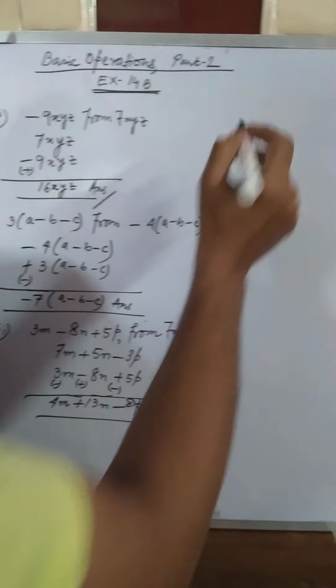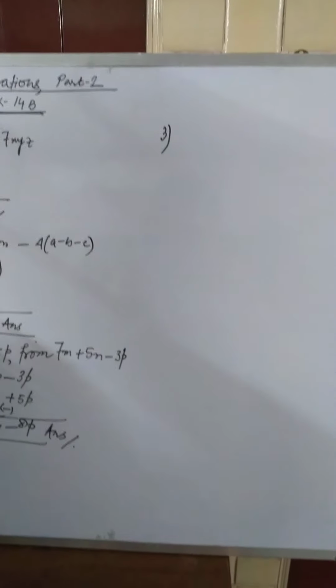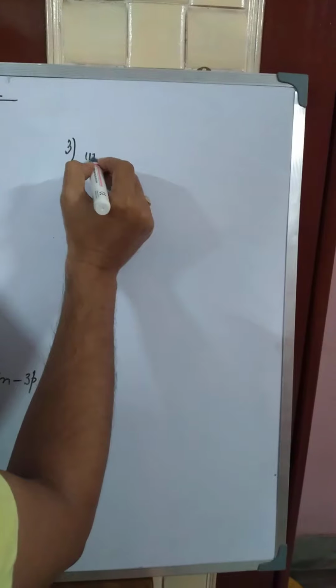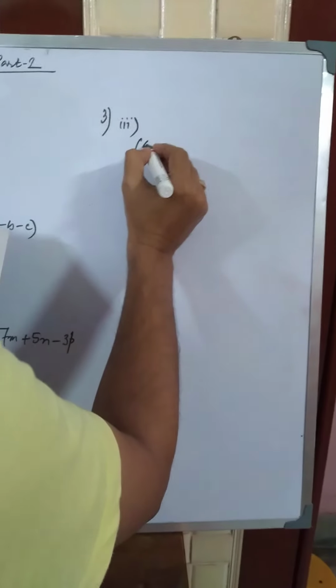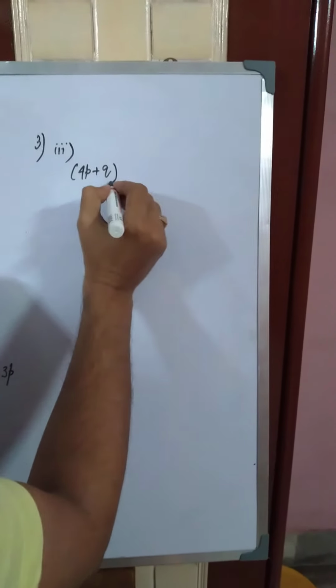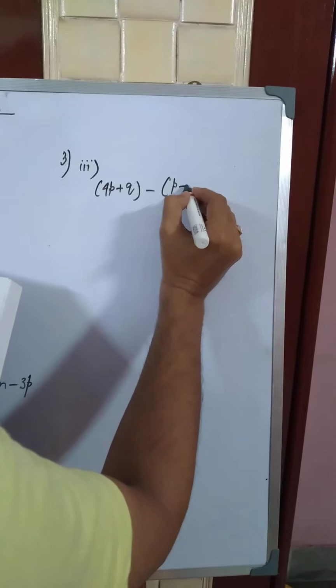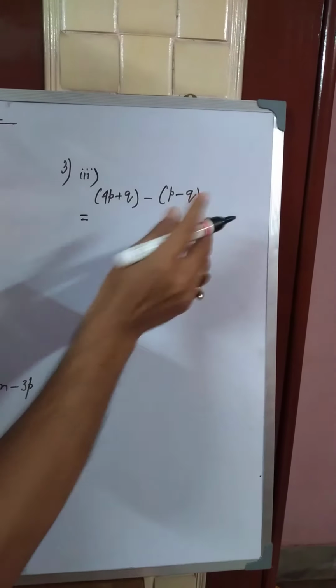Okay. Come to the next one, question number 3. Subtract as indicated. Consider 3 Roman 3: within bracket 4p plus q minus within bracket p minus q. So this kind of subtraction is in the form of simplification. So what you have to do? Simplify this one.